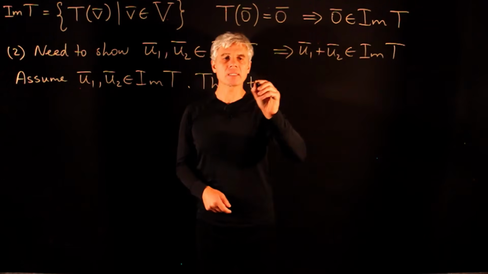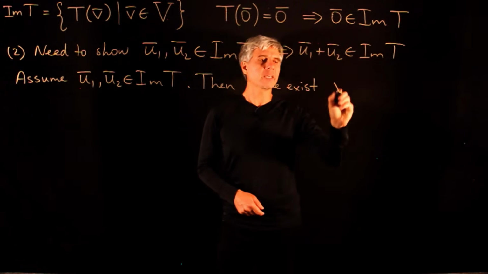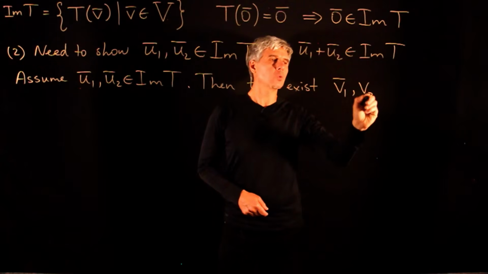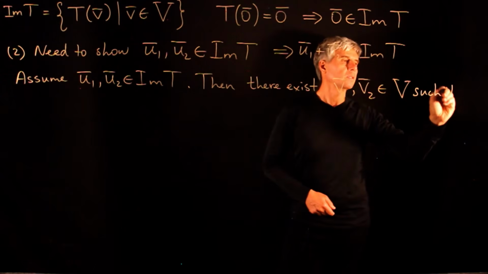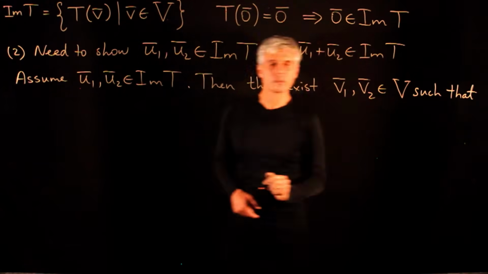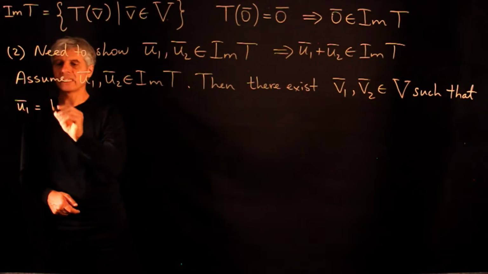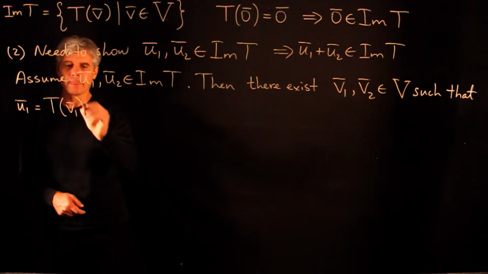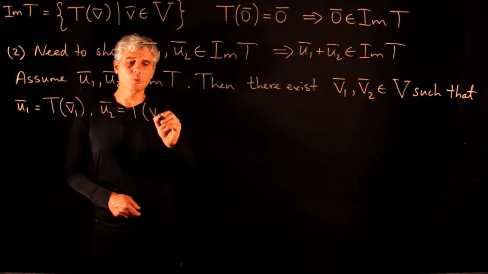So then there exist vectors V1 and V2 in V such that U1 is equal to T of V1 and U2 is equal to T of V2.